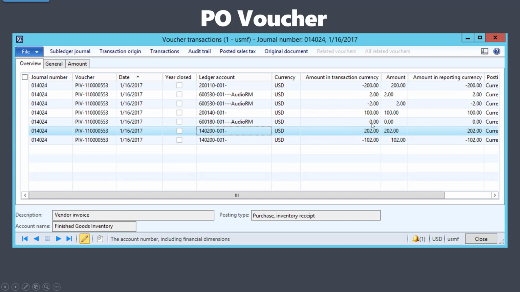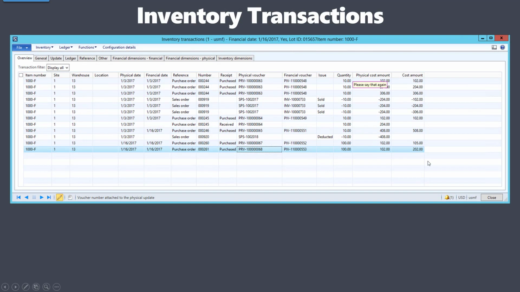You've got the 202, and 2 was another, looks like a miscellaneous charge or something like that. And then you've got the 102 also getting allocated. So when we look at the inventory transaction then, you can see where you've got the 102, and that's your allocation of that freight charge, then hitting your item is really what we're doing. So we hit it with $2.